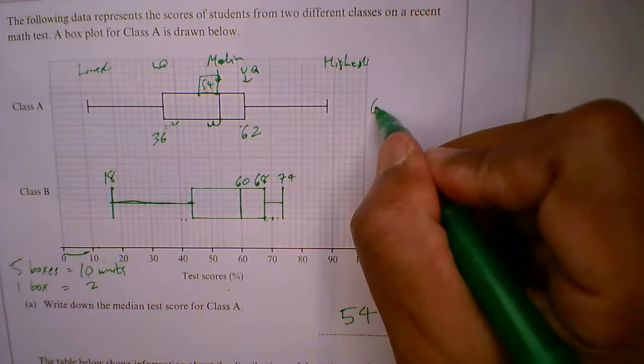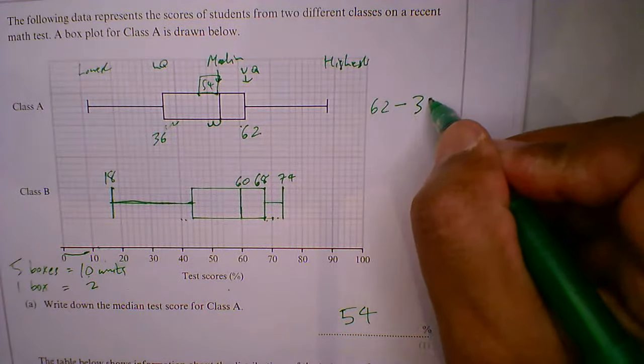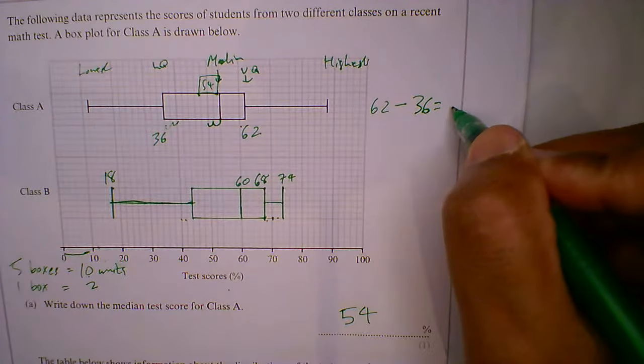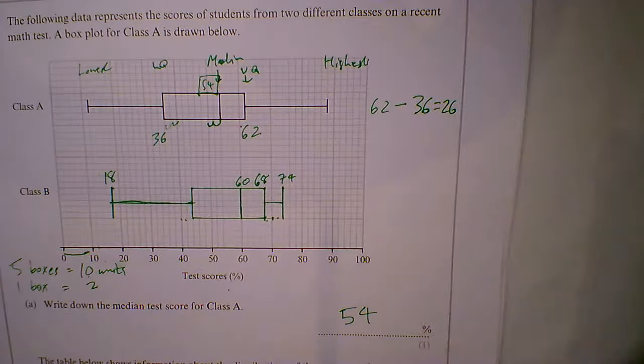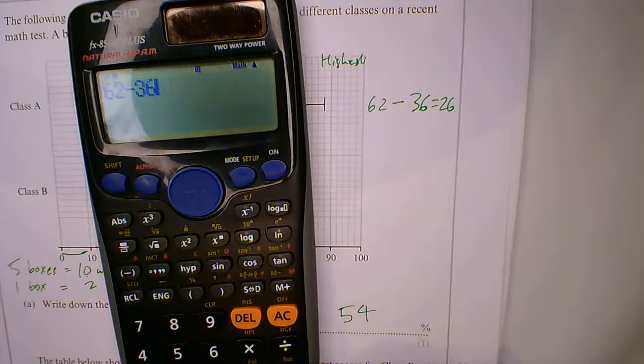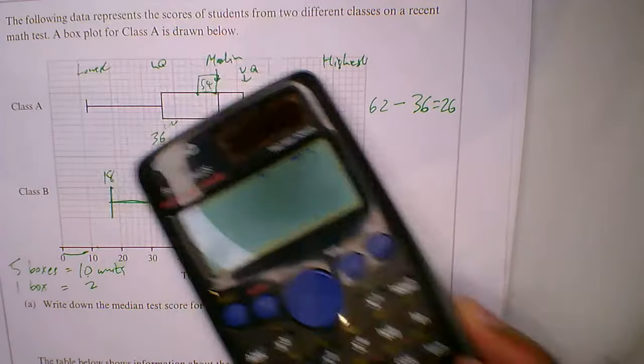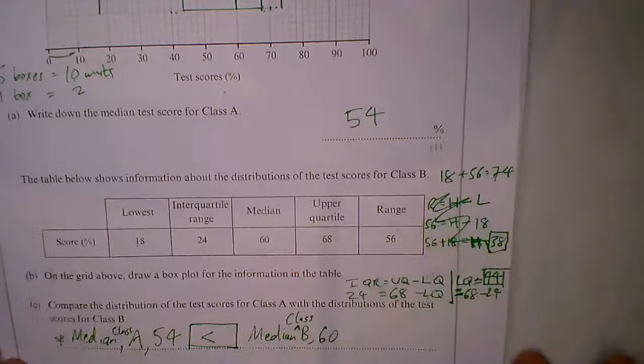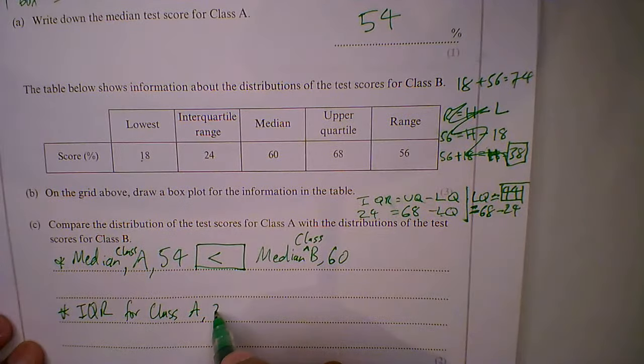So I can do 62 take away 36, which gives me 26. Let's double check in case we make silly mistakes. So 26 is correct. So my interquartile range is 26.